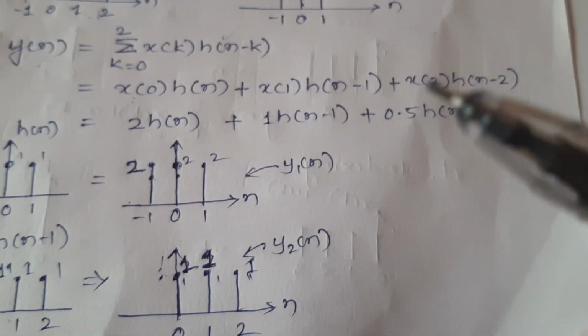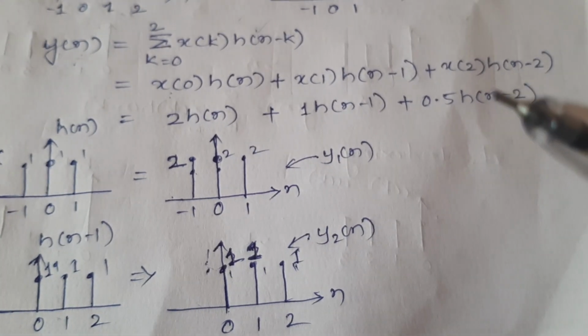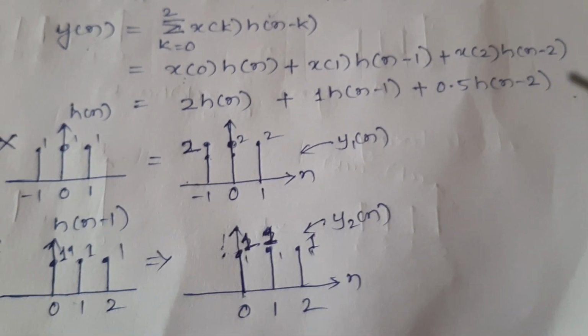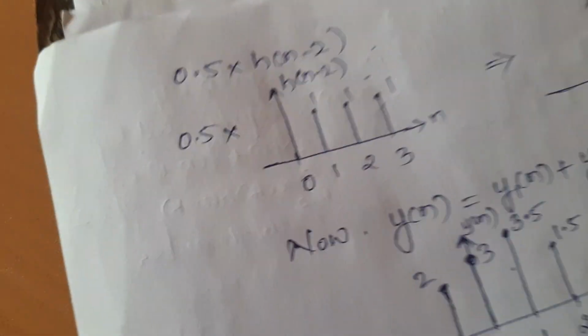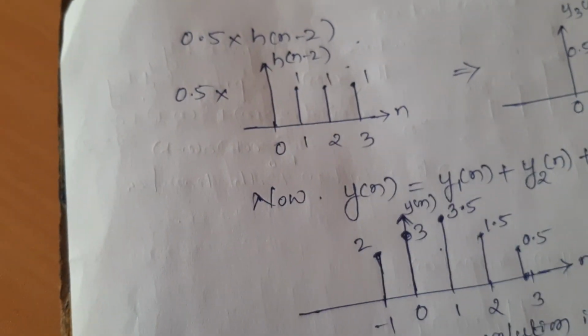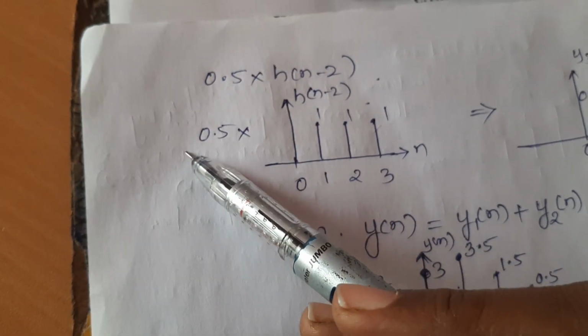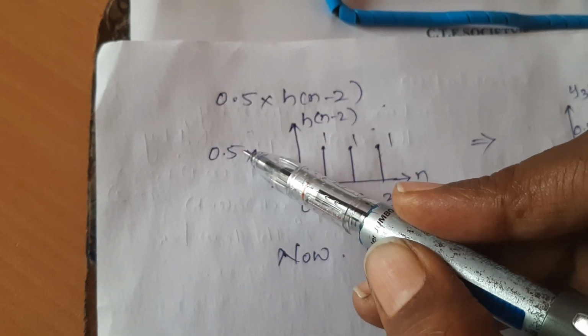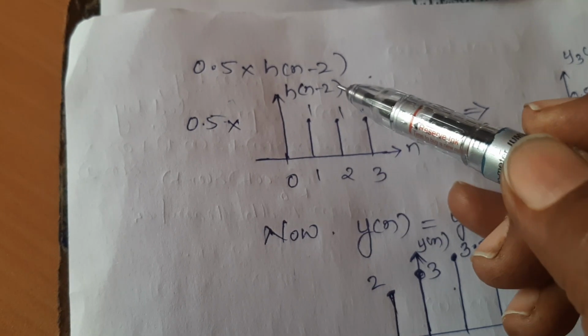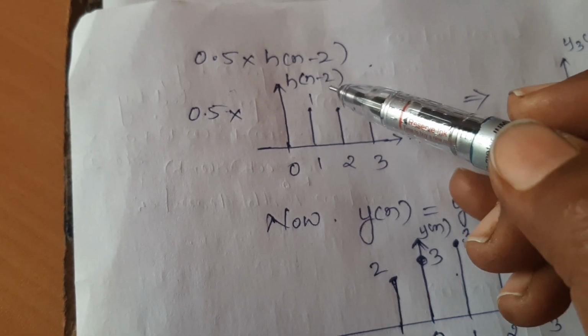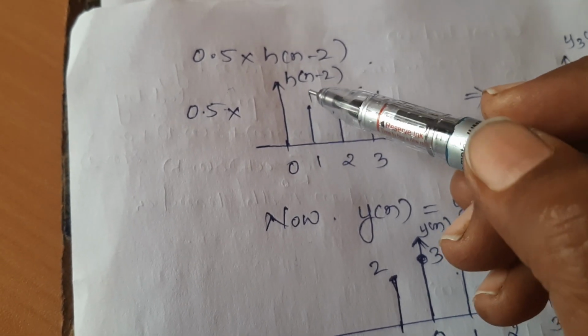Now, the third one we need to calculate is 0.5 into h of n minus 2. H of n minus 2 is obtained by time shifting the h of n signal by 2 units to the right.